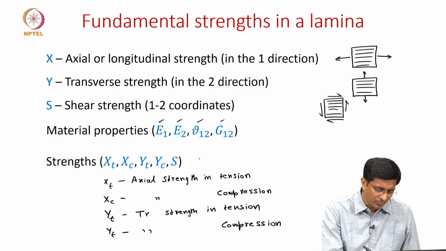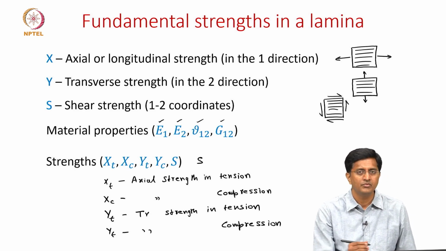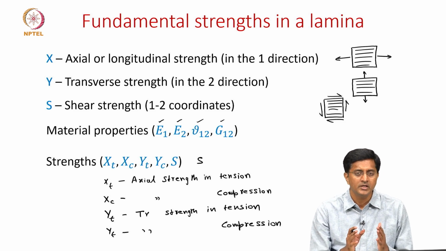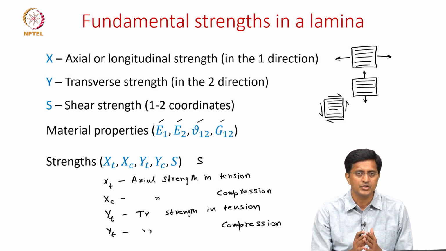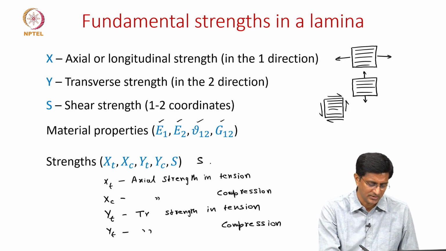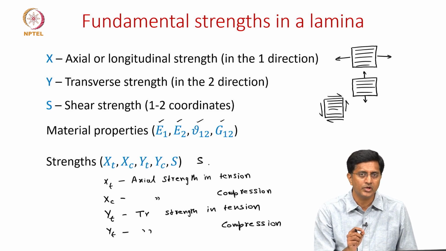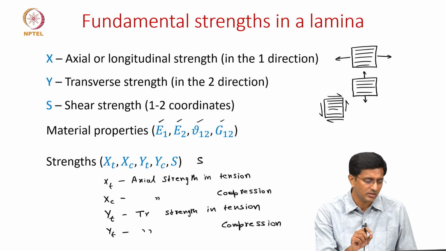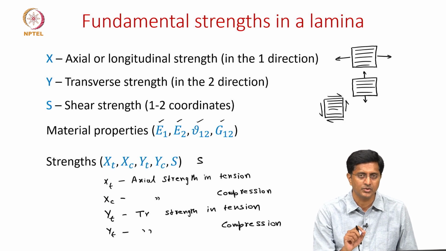But when we look at the shear strength, we see that whether we apply the positive or the negative shear, it doesn't matter. Both give you the same equivalent stresses along the fibers. So both loadings will end up with the same strength S. This is only true if you are applying a pure shear in the material coordinates as shown here.